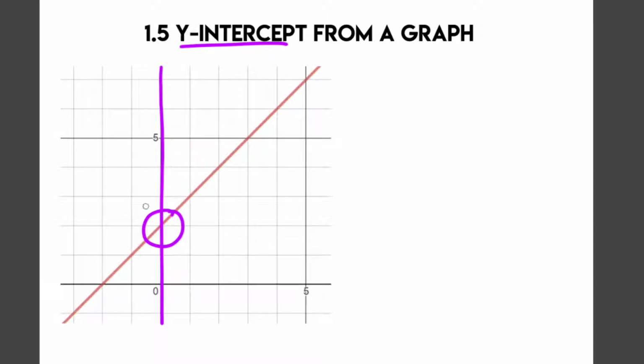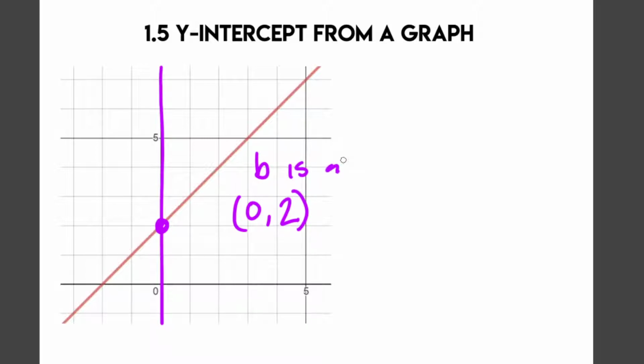So as soon as you find where the y-axis is and where the line crosses it, that is your y-intercept. So if I'm looking at this one, this y-intercept is right here, and the point for that is going to be 0, and then we're going to go up 1, 2. So my y-intercept, my b, is at 0, 2. Or in other words, b is equal to 2.